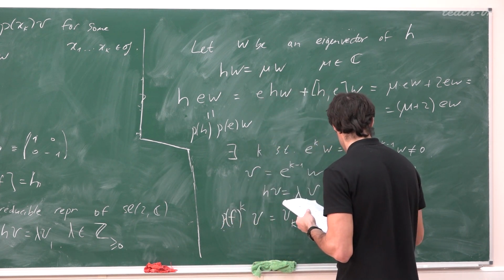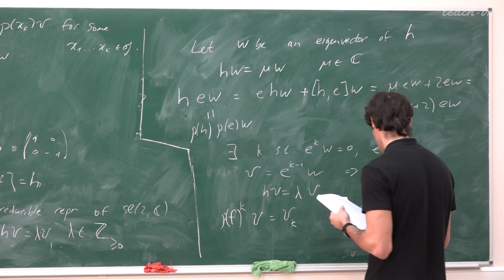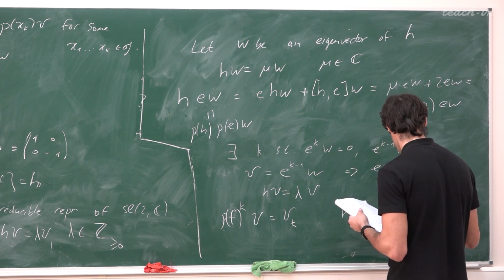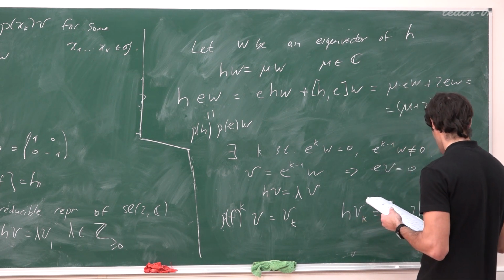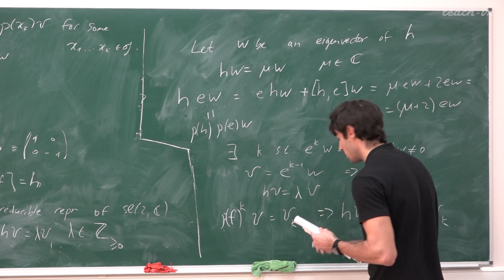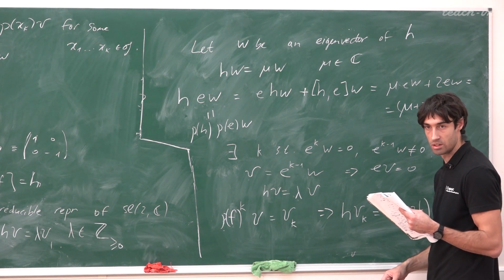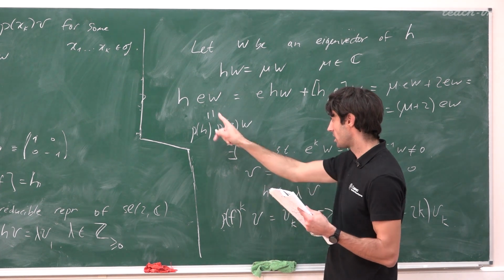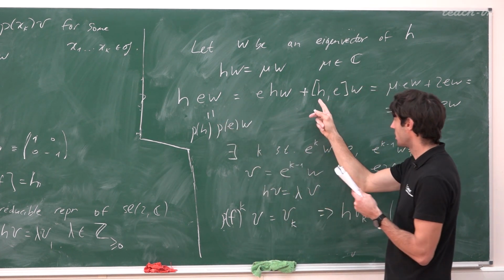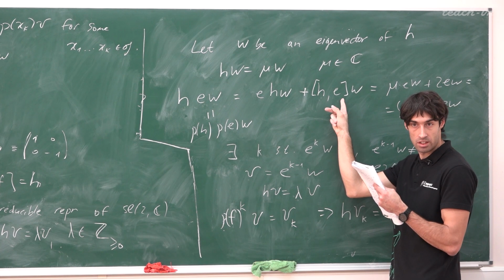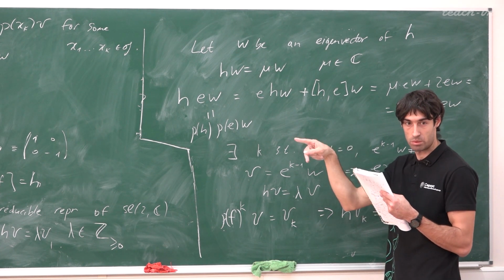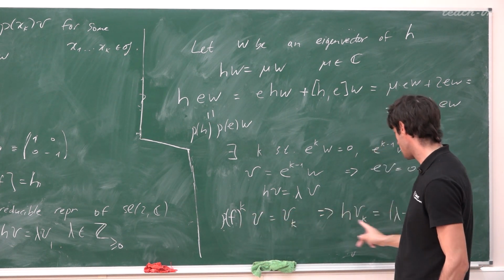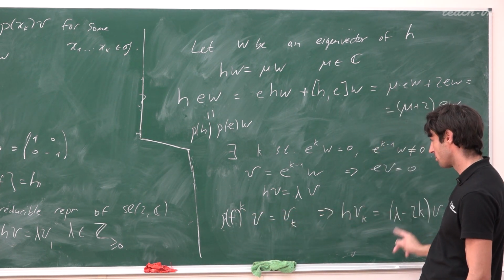Then h vk is lambda minus 2k vk, right? Just the same computations here. I take f, commute, and h with f is negative f. So I subtract 2 every time. Every time I act by f, I subtract 2 from my eigenvalue.